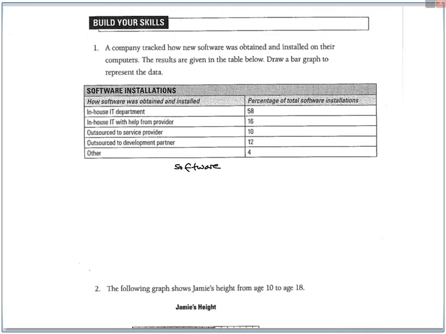So this first column is going to be the X. And this second column is going to be the Y. And to do this, like always, use a straight edge. And you'll get a couple lines. Make your graph. Just like that.